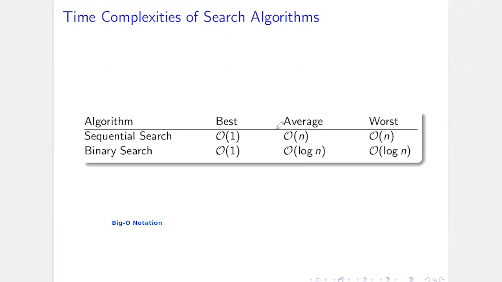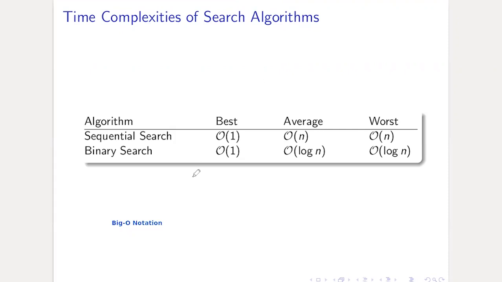Here this is the order. n by 2 is essentially 0.5 times n, so the order is in the order of n. So while a very specific calculation gives the average as n by 2, in the big O notation it is n.